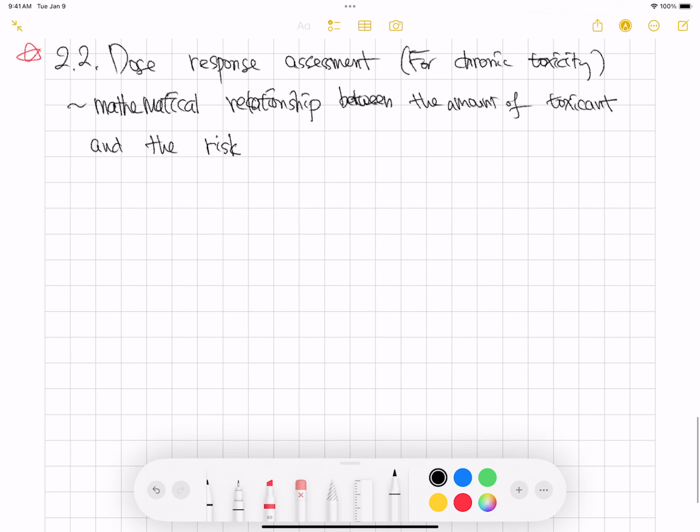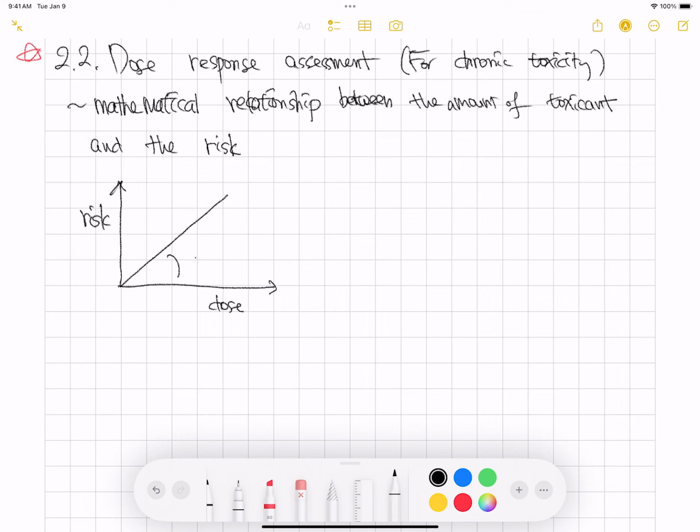And based on the one hit hypothesis, there are no thresholds. So the risk against the dose will start from 0.0, and the risk will increase as the dose increases.